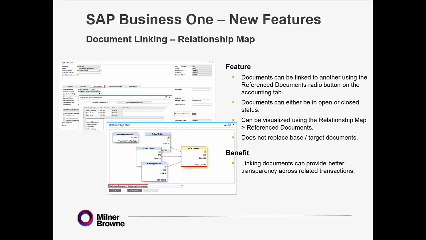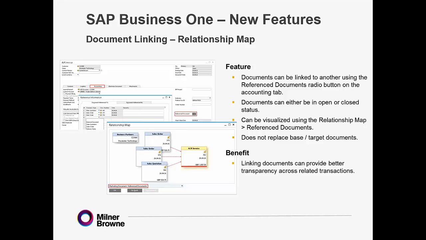This next feature, again to do with relationship maps, is again something that has certainly been asked for multiple times. We've all got used to using the relationship map feature, and it's very, very powerful. But what we've not been able to do in the past is, if we had a document that was linked to other documents but wasn't part of SAP's standard relationship map feature, we had no way of building our own relationship map.